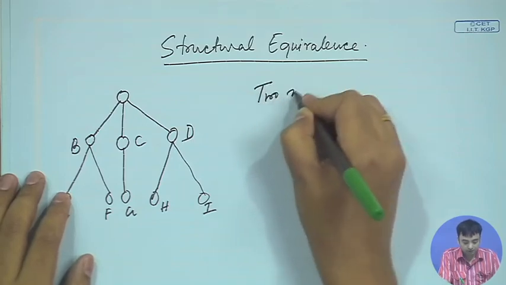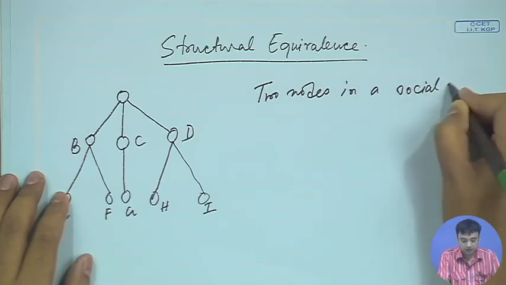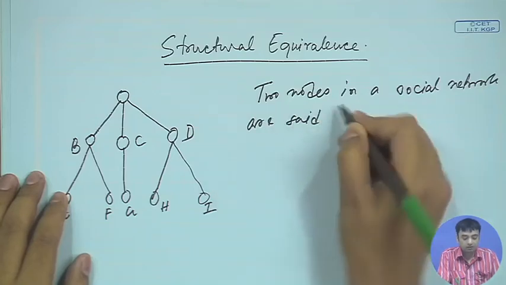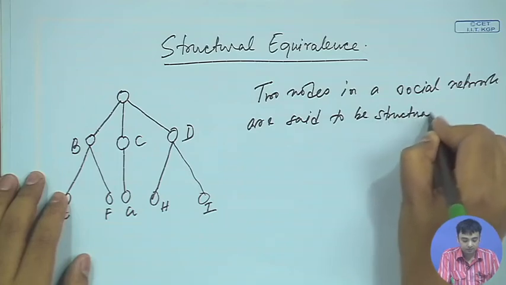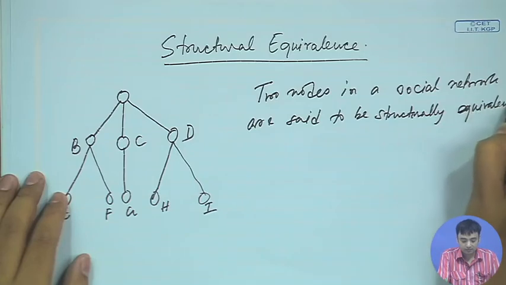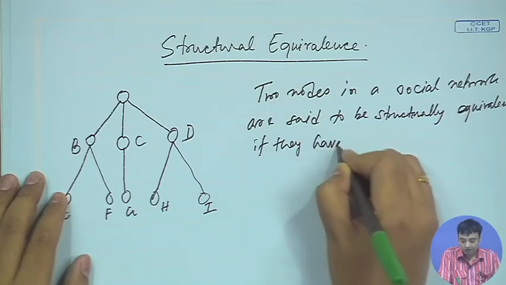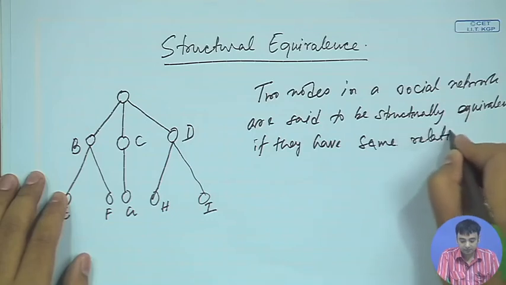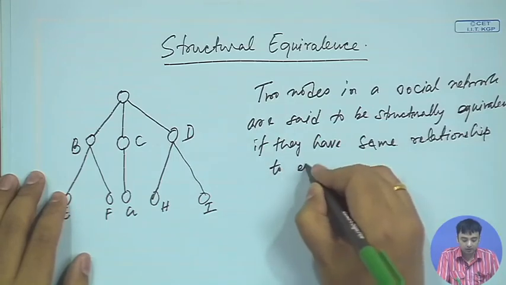Two nodes in a social network are said to be structurally equivalent if they have the same relationship to every other node in the network.